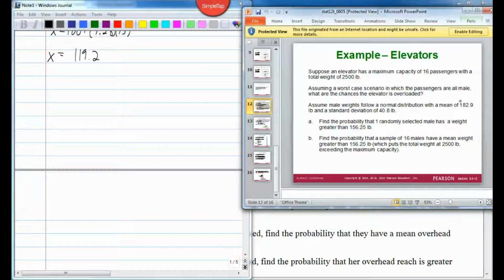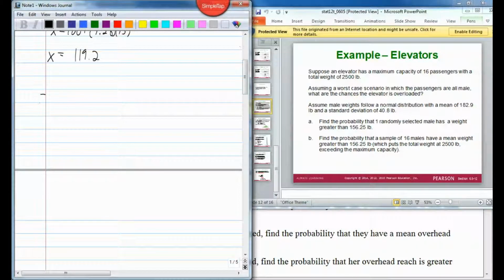With a mean of 182.9 and a standard deviation of 40.8.